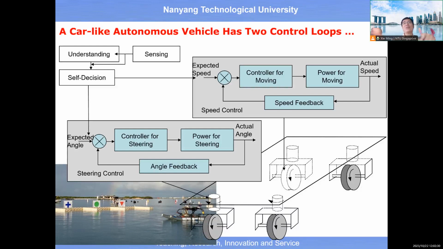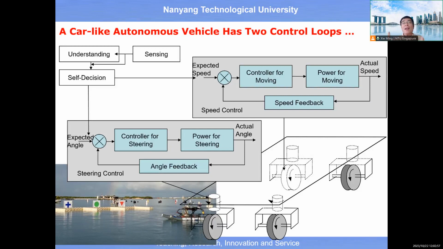With the car-like vehicle, it is quite straightforward to implement these two control loops, because in the previous slide, you saw the output from the motion planning module will be the desired linear velocity and the desired steering angle, then we directly implement this control loop.